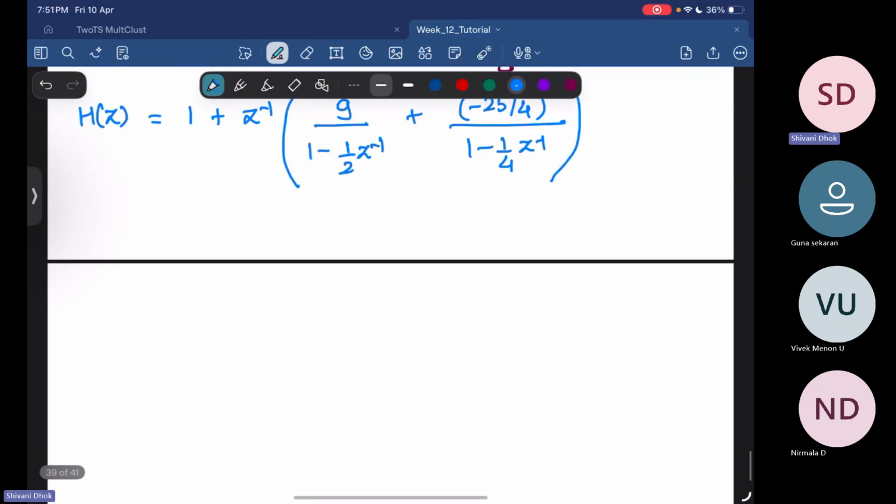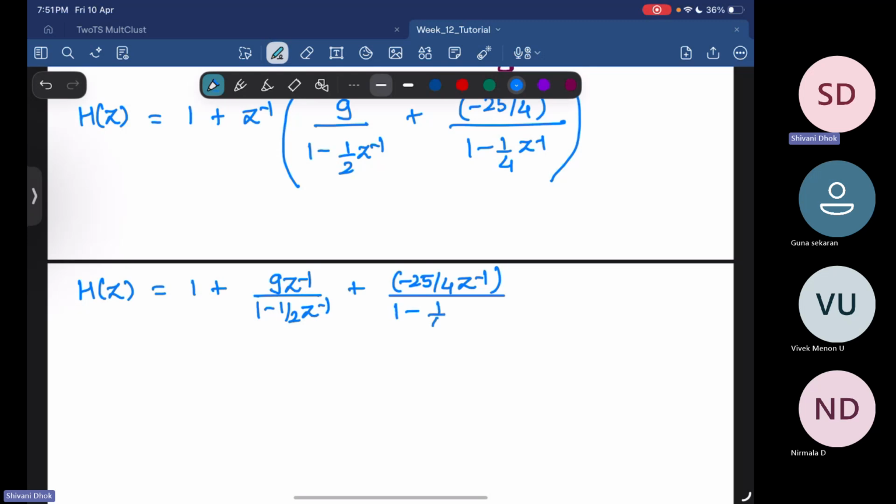So in other words, I can write H of z to be equal to 1 plus 9 z inverse upon 1 minus 1 by 2 z inverse plus minus 25 by 4 z inverse upon 1 minus 1 by 4 z inverse.